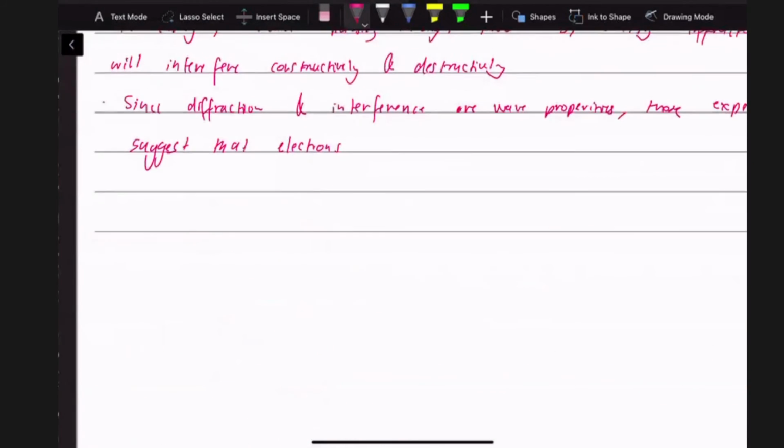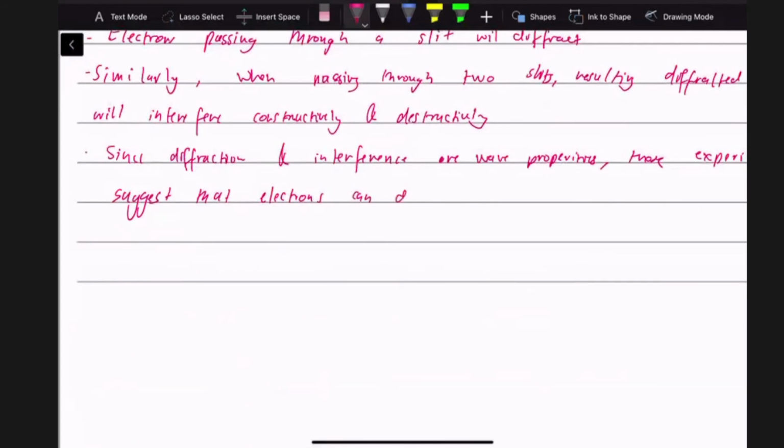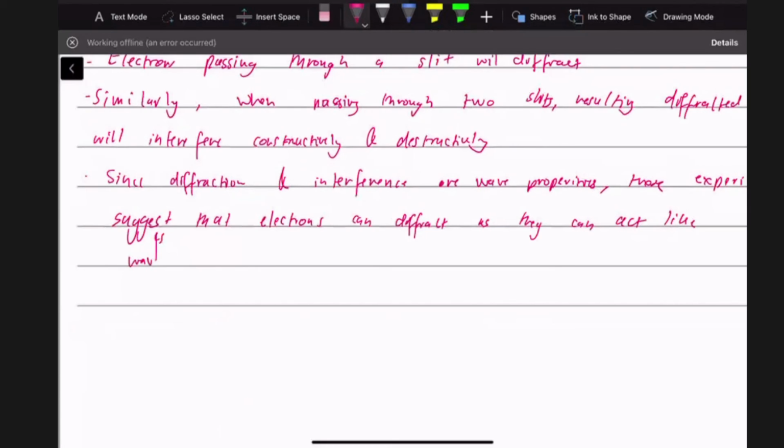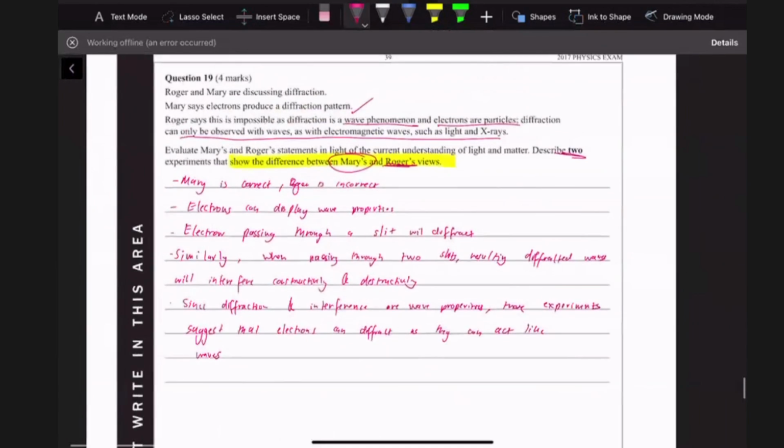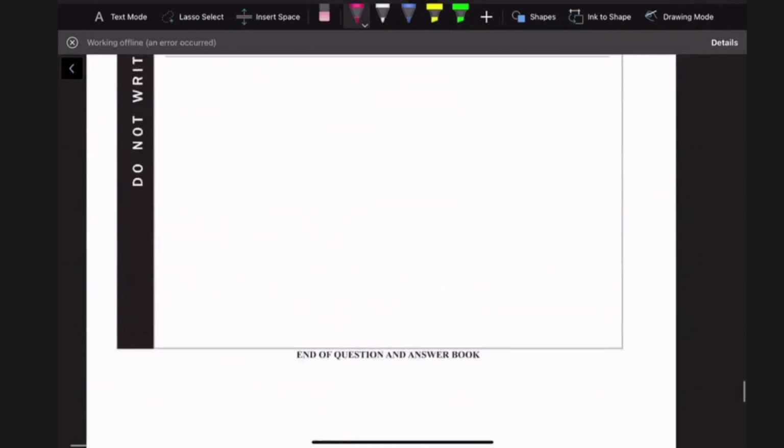We've already said that they can diffract as they can act like waves. And yep, that's it.